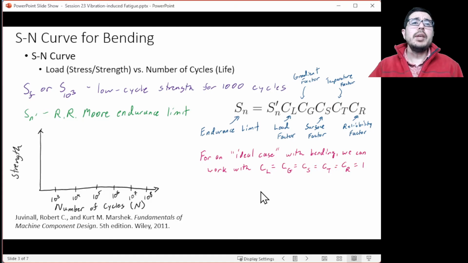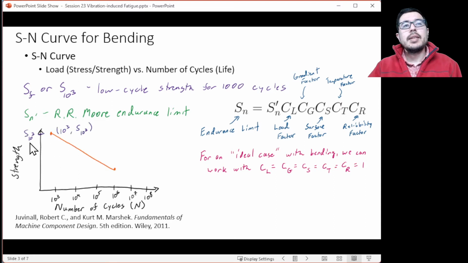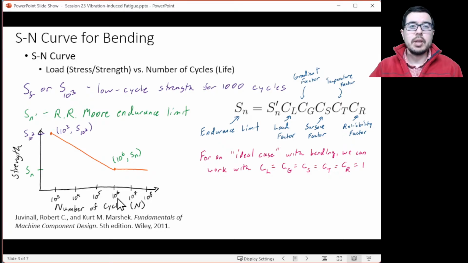And what we get is a curve, or a line with a knee, where we have the S10 to the third, or the low cycle strength for 1,000 cycles up here, and then we hit what's called the knee, and down here we have the endurance limit at 10 to the 6, or 1 million cycles.